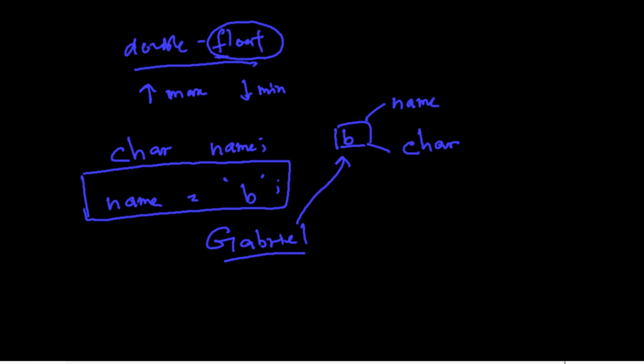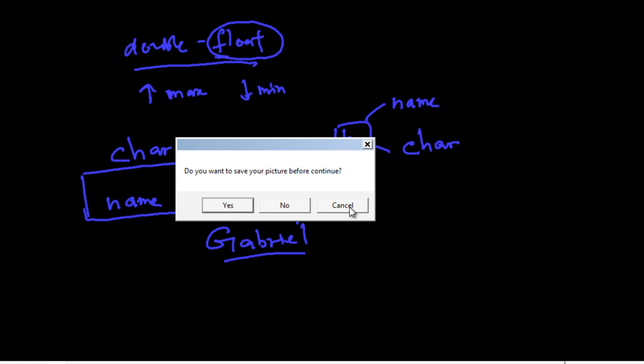Now, since we've covered data types, let's go ahead and try to write our first program. Hash include stdio.h.